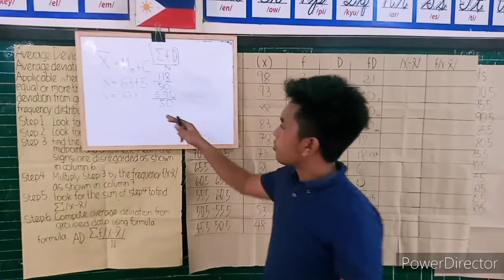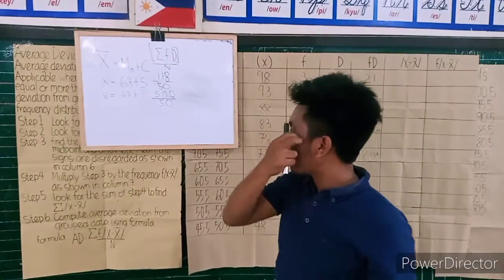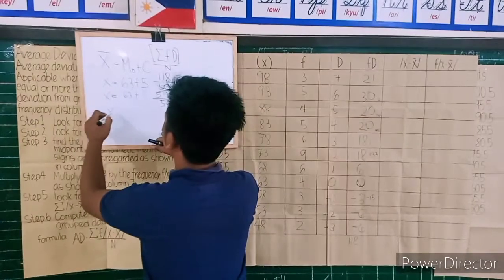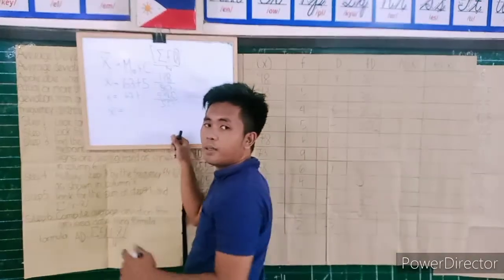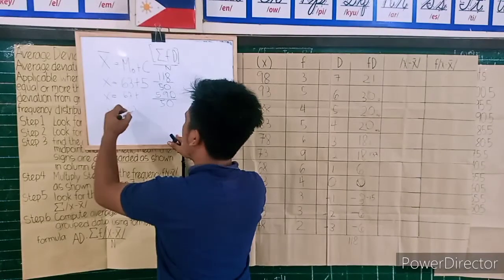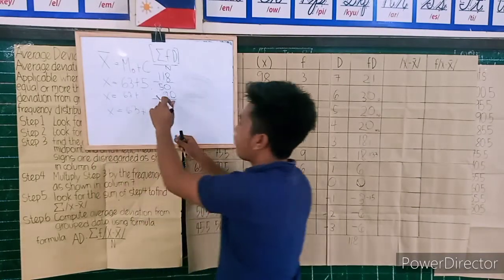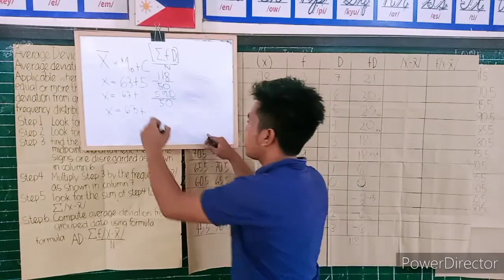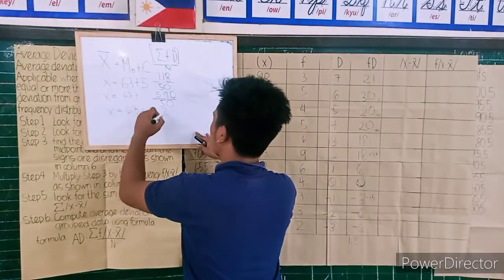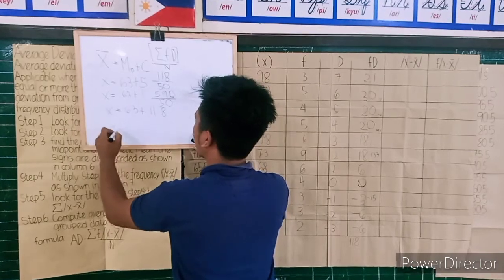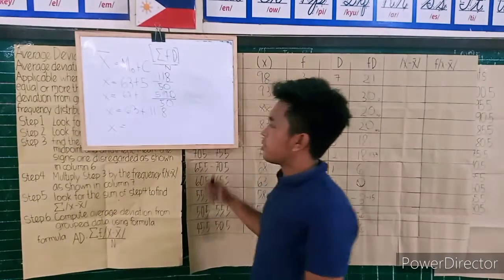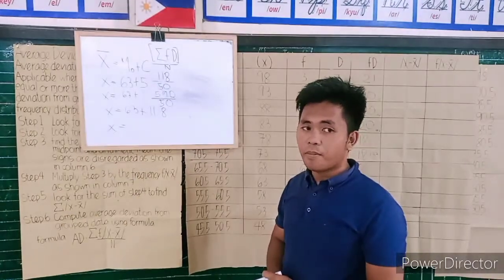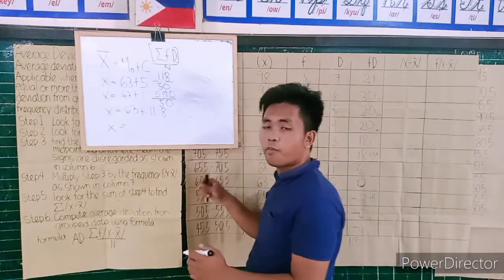So 63 plus 590 divided by 50. We have 11.8. This is the final. 63 plus 11.8, we have what? We have 74.8.